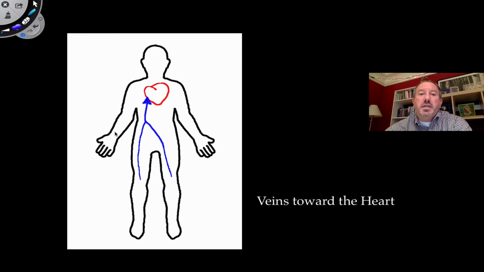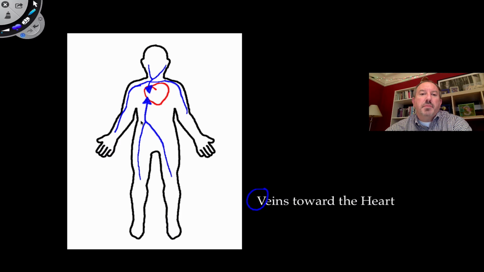And also deoxygenated blood, in other words, blood low in oxygen because the tissue has been using it, from the right arm and the left arm, and also from the head region, all travel in right here and deliver blood toward the heart. And so that is in a vein toward the heart.